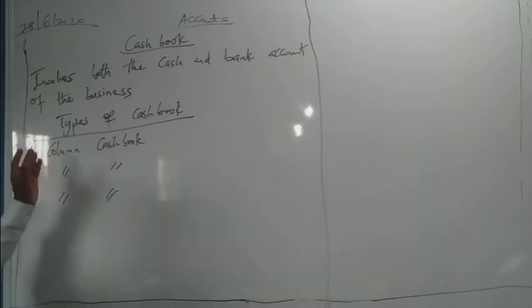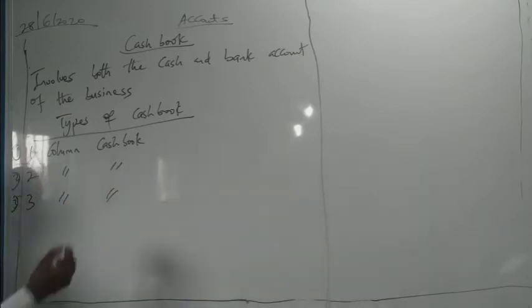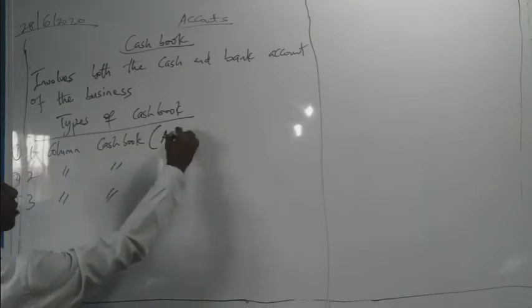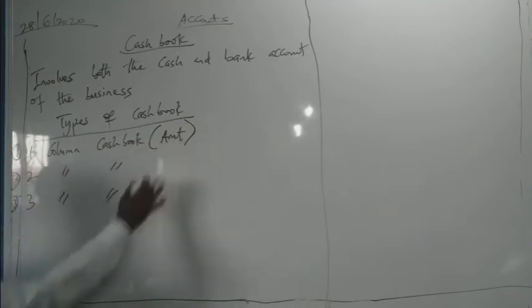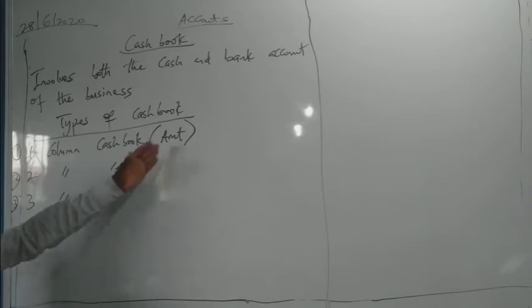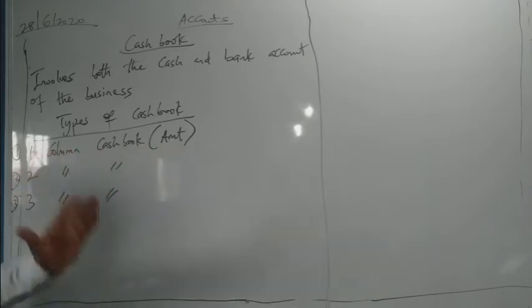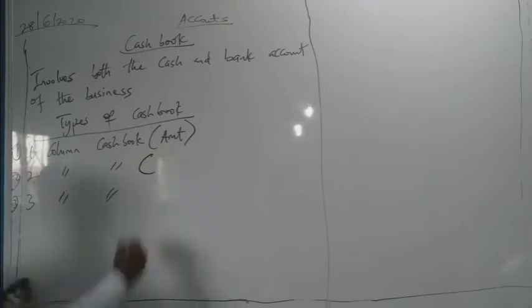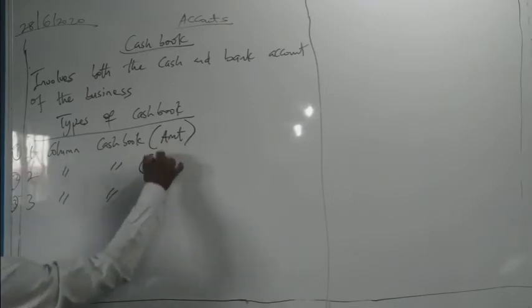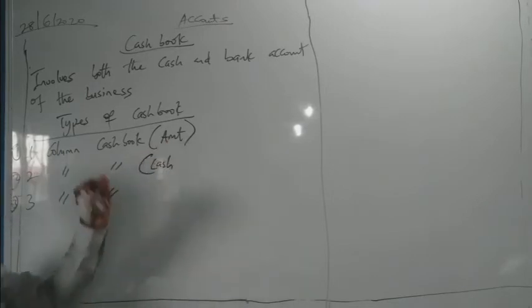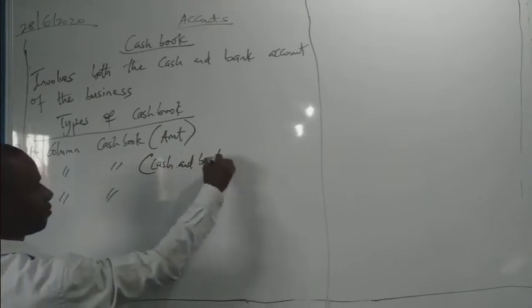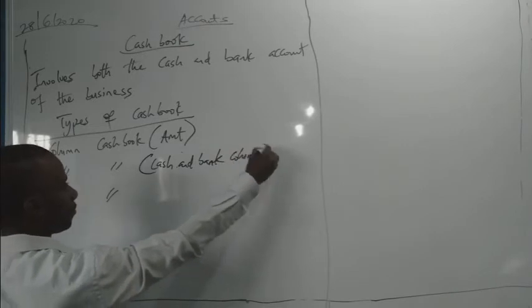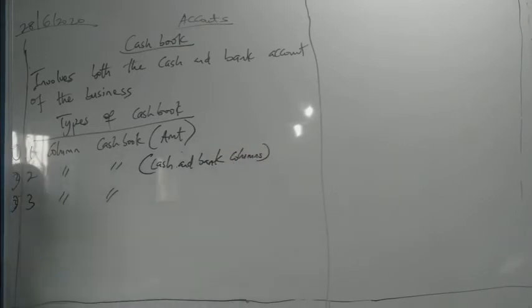Now, what's the difference between the three, you may ask? This one involves only amount. When we draw the cash book, you're going to see it involves only the amount, date, particulars, folio, and amount on both the debit and the credit. This one involves, instead of the amount, the cash column and bank column on both the debit and the credit side.